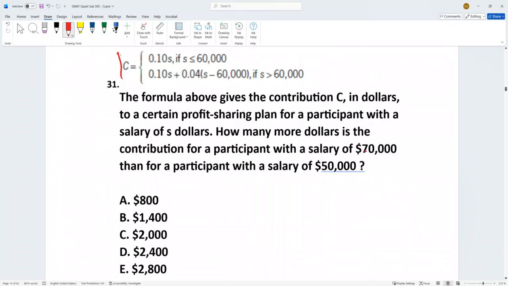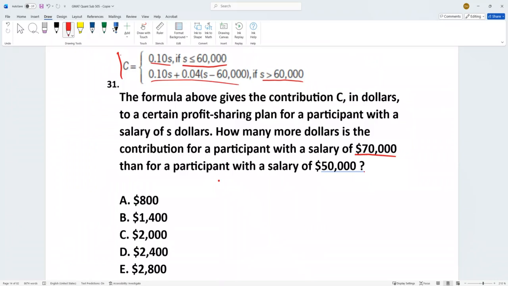So we need to find the contribution for someone with a $70,000 salary and for someone with a $50,000 salary. In the formula, if the salary is less than 60,000, use this formula. If the salary is more than 60,000, use the second formula here.